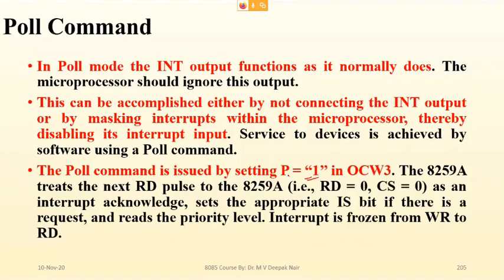Poll command can be passed in the OCW3 when P is equal to 1. That was in the control word itself. So the 8259 treats the next RD read pulse as a poll. These are very complicated things.